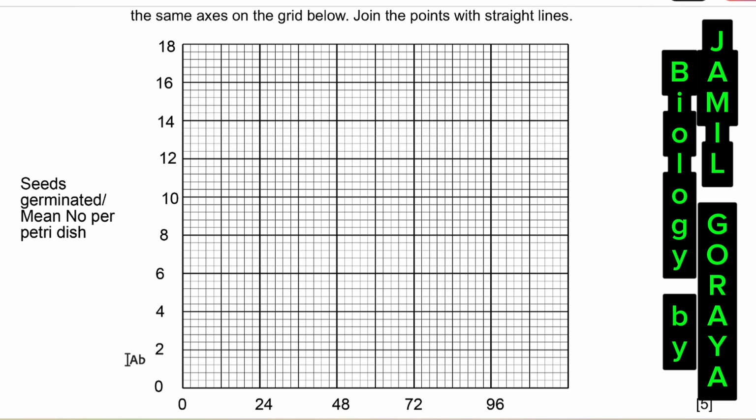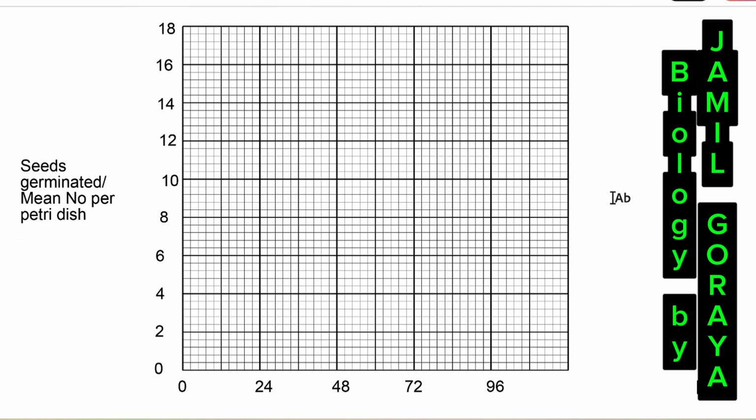So from 0 till 18 with equal gaps, this is linear scale. This will give us second mark, first for labeling the axis, second for linear scale.